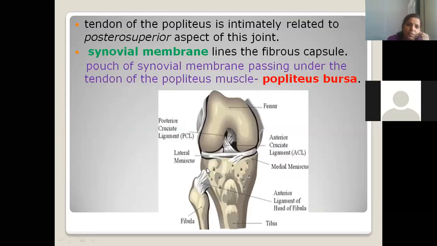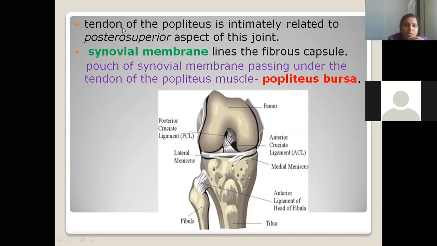Okay. Now, posteriorly, if you remember from yesterday's class, I told you the fibrous capsule which is covering the knee joint is incomplete because it gives passage to the tendon of popliteus. Okay, where is the popliteus getting inserted? Above the soleal line, posterior aspect of the tibia.